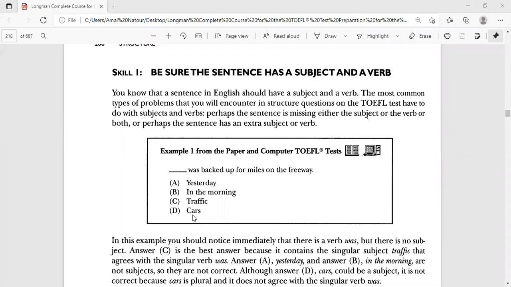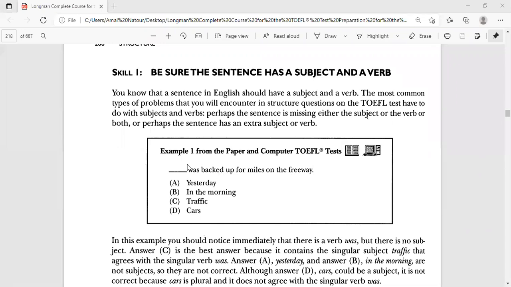Traffic and cars. Here, traffic is a noun. Cars is a noun. So these two may be possible, but I have to see the verb here.